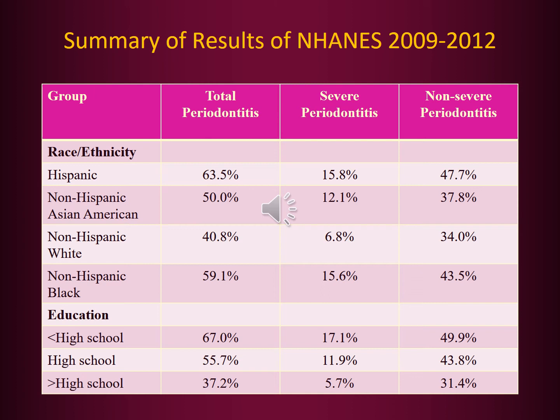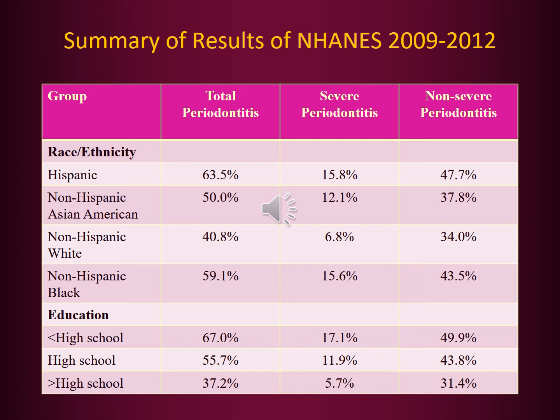Also for severe disease, you can see that for the Hispanic group there's 15.8%, and in the non-Hispanic blacks it's 15.6%, basically equivalent percentages for severe periodontitis. You also see very significant and almost equivalent numbers for the non-severe periodontitis group at 47.7% and then 43.5%.